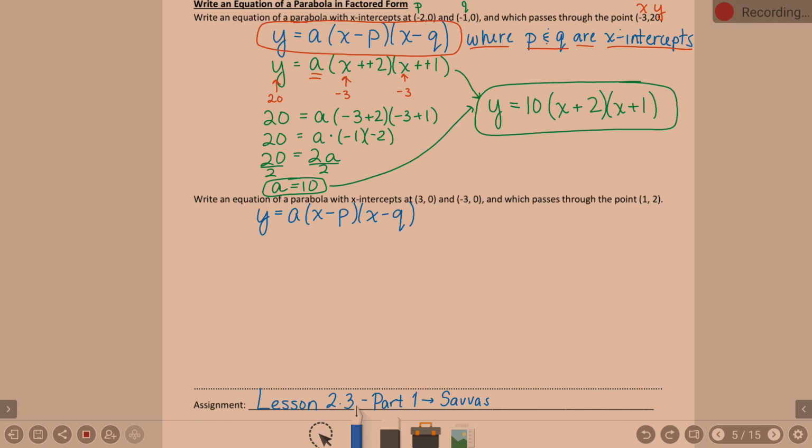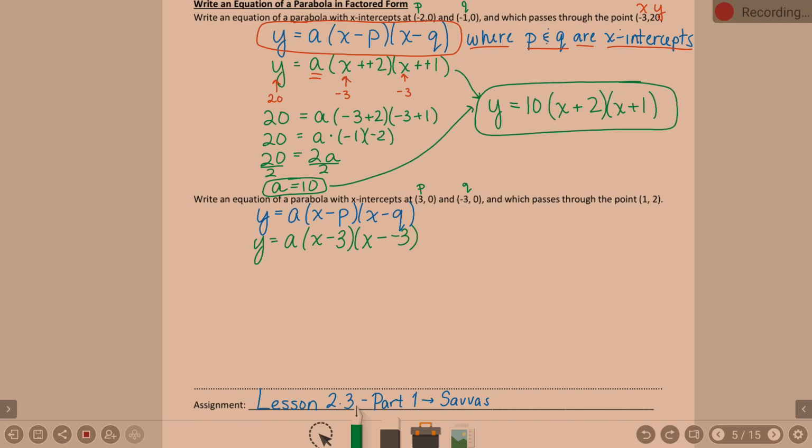What do we already know right off the bat? P and Q, in some order or another, are 3 and negative 3. So, y equals A times X minus 3 and X minus negative 3.